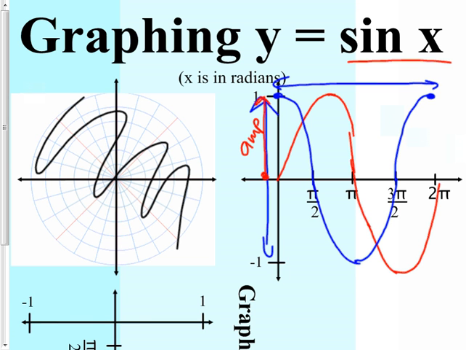The amplitude is 1. So cosine and sine both have an amplitude of 1. They swing from the middle, up 1, down 1, up 1, down 1. So the amplitude's 1, and they complete one full cycle in 2 pi. So their period is 2 pi.